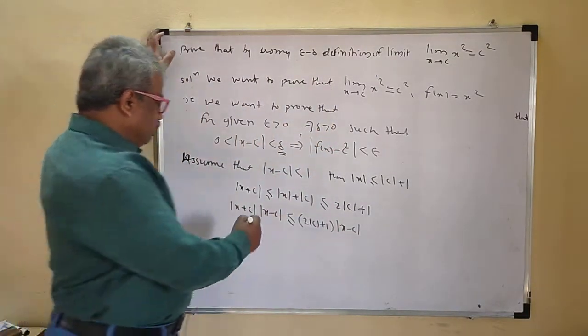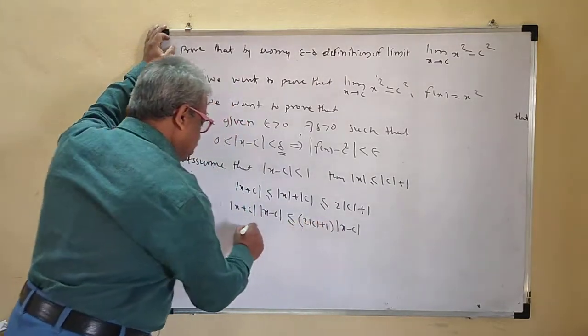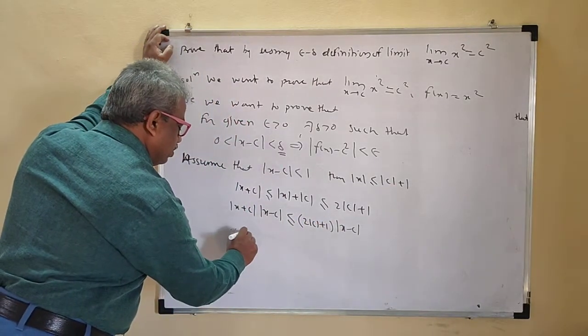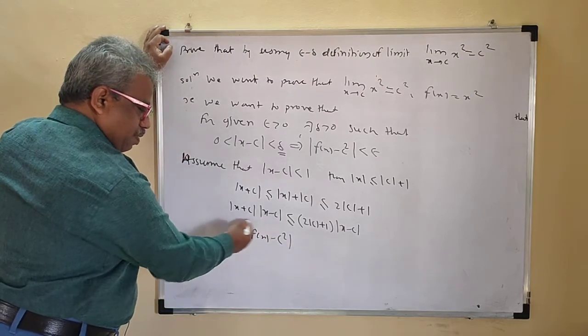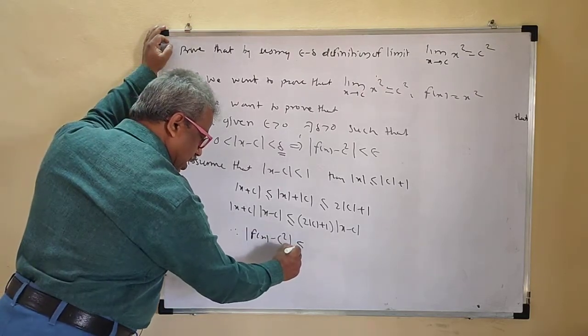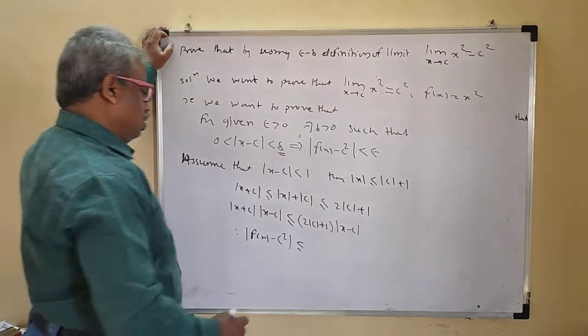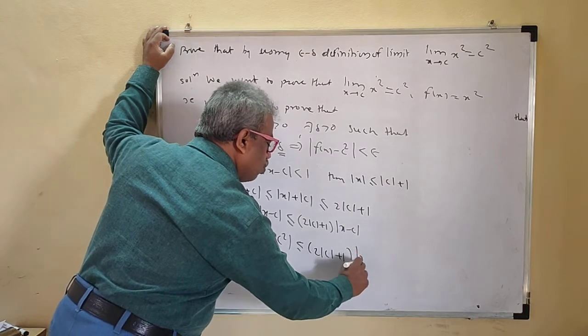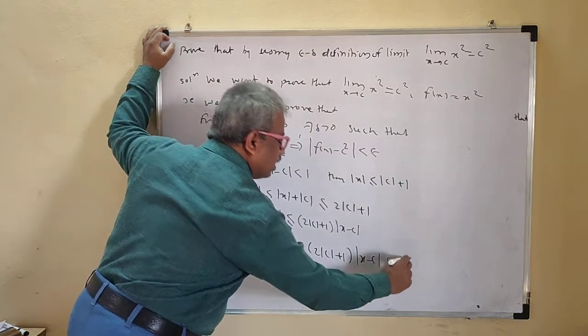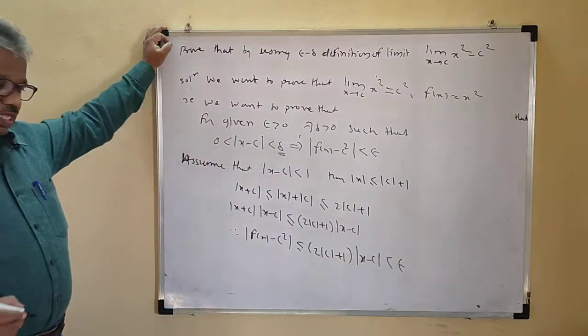Now this is your mod of f of x minus c square, which is less than or equal to 2 mod of c plus 1 into mod of x minus c, and this is less than epsilon.